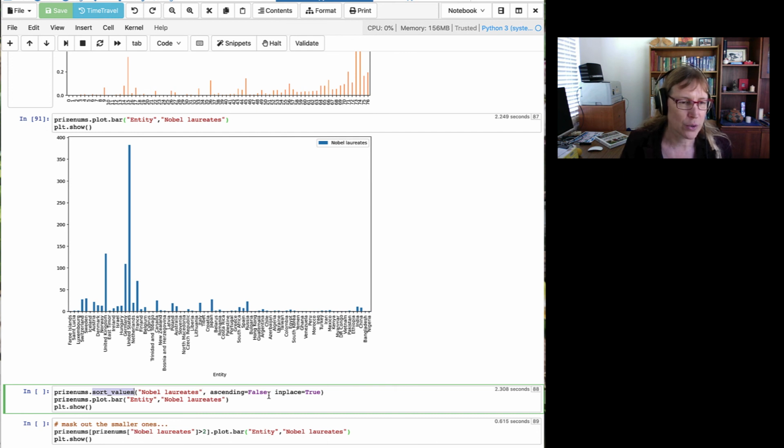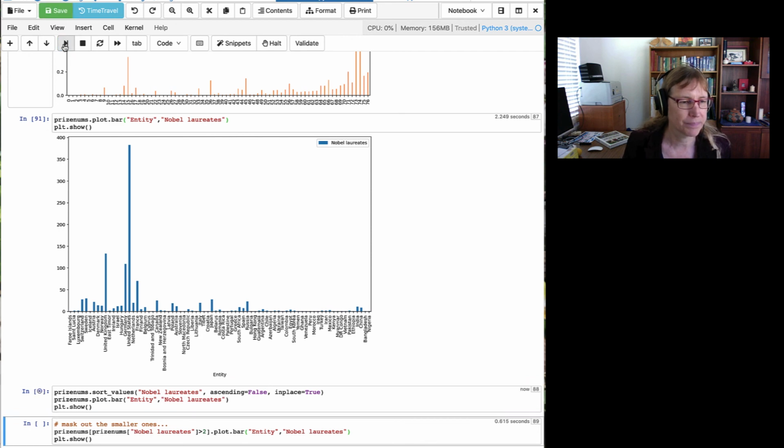We're going to do it in descending values, so ascending equals false, and we're going to do it in place, so we're not going to create another data frame, we're just going to sort it in place. It makes sense here because we're not altering the data in any critical way, we're just rearranging it. And then we'll do our bar plot again.